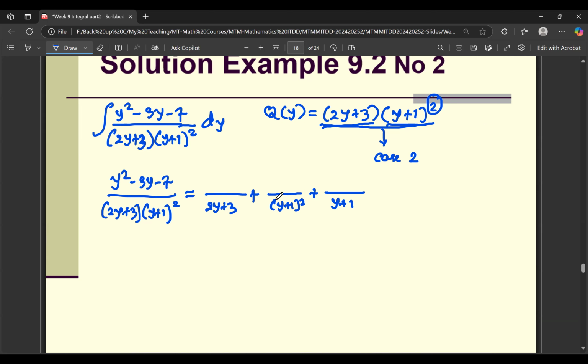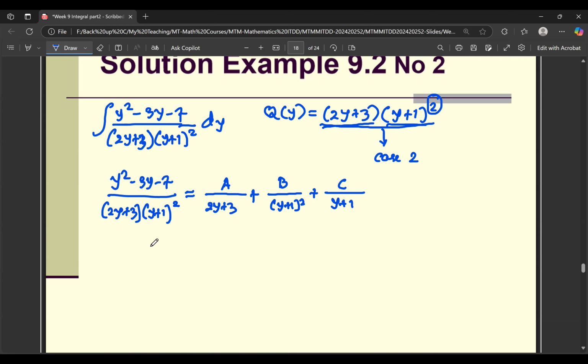All of them are linear, so the numerator should be a constant. We can use any symbols, not A1, A2, A3 or P1, P2; as we like, we can choose A, B, C.